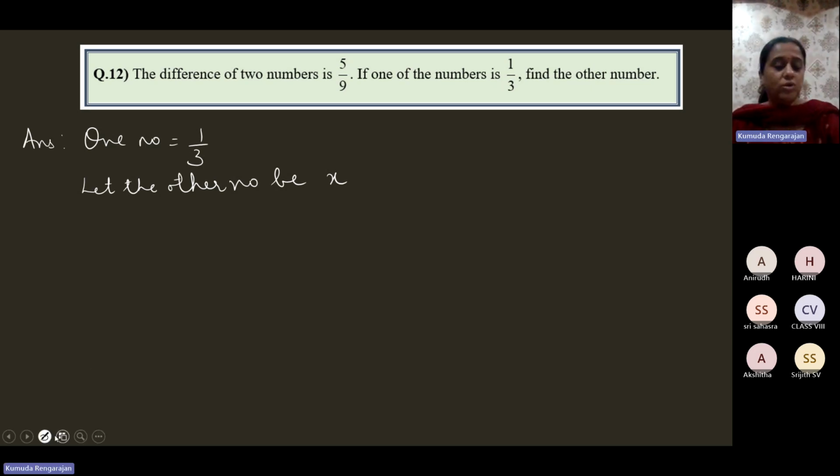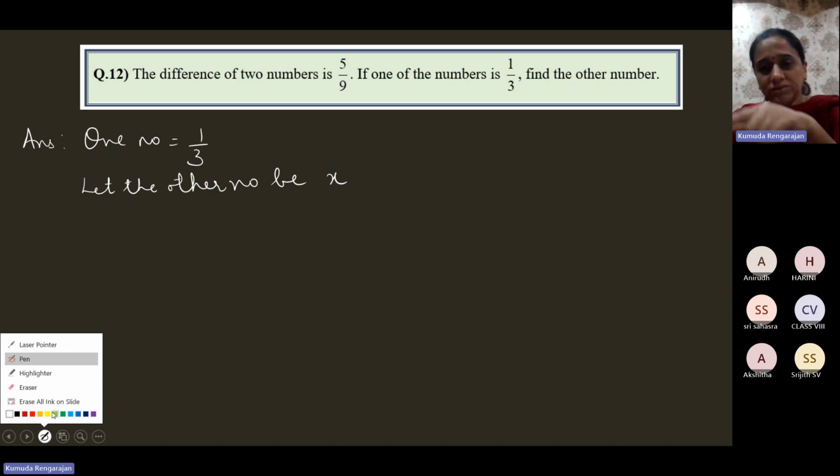Okay. What do you understand by difference? One number minus the other number is equal to 5 by 9, correct? The difference of two numbers means one number minus the other number is equal to 5 by 9.